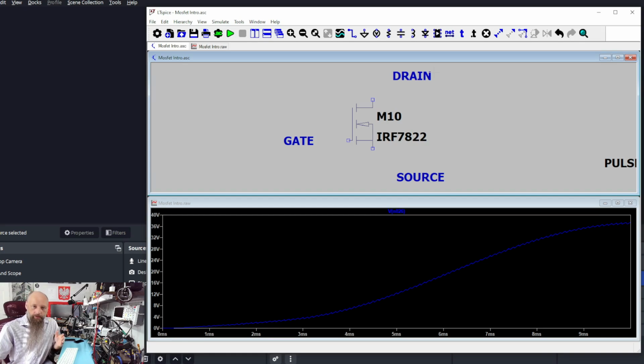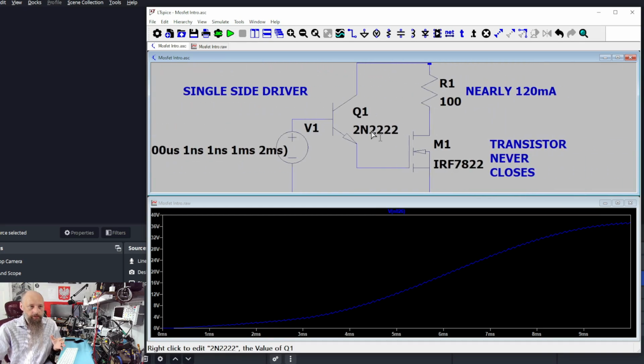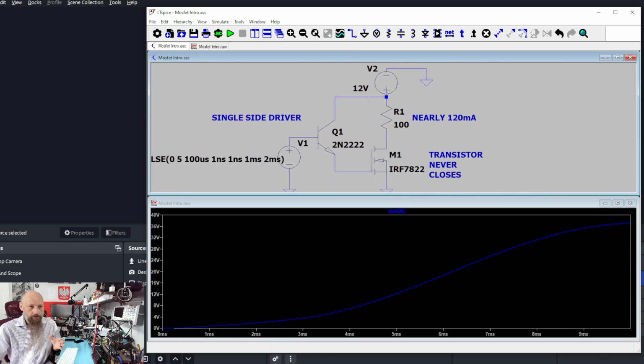Now, let's take a look at the first example, which is very similar to the example we had before: just a single source of 12 volts, a 100 ohm resistor, and a transistor cutting it to ground, which should give us 120 milliamps because it's 100 ohms on 12 volts.